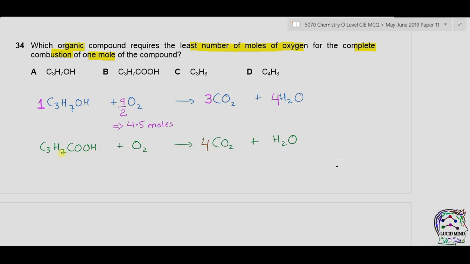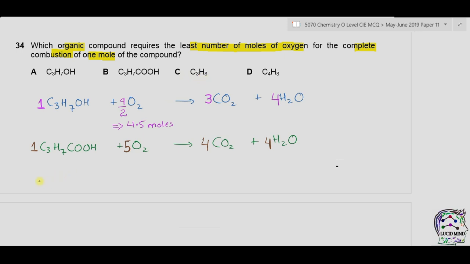Similarly, we have 8 hydrogen atoms present in the reactant, so we can write 4 with H2O to make it 8. The oxygen atoms in the product are 8 plus 4, 12. As we have 2 on the reactant, we would need 10 with this oxygen. So we can write 5 with O2 to make it 10 oxygen atoms, so in total it will be 12. So we can see that for 1 mole of this compound we would need 5 moles of oxygen.